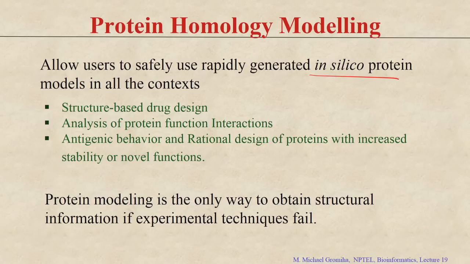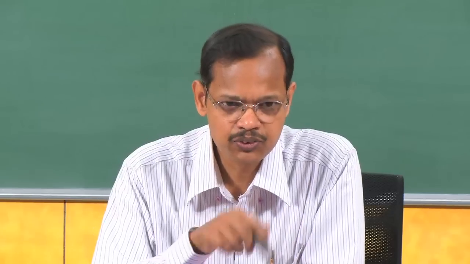One is that for any target whose structure is not known, to identify small molecules which can potentially interact with these targets, we require the structures. If the structure is not available, then it is very important to have one. In this case, if you generate a model, then this model can be used as a potential target for identifying lead compounds for drugs.